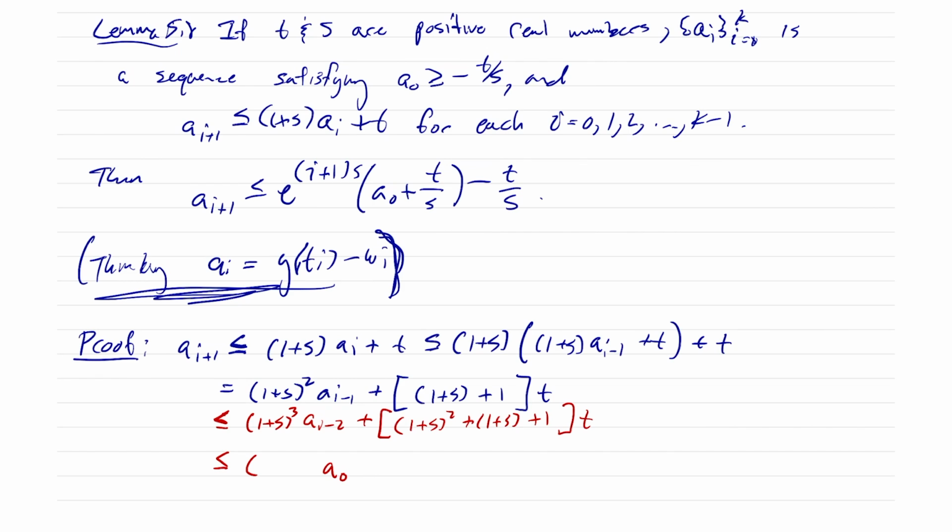So now we're doing a drop of i plus 1. That means we're going to have (1 plus s) to the i plus 1. And over here, we're going to have (1 plus s) to the i plus (1 plus s) to the i minus 1, plus all the way down until we get to (1 plus s) plus 1, times t.